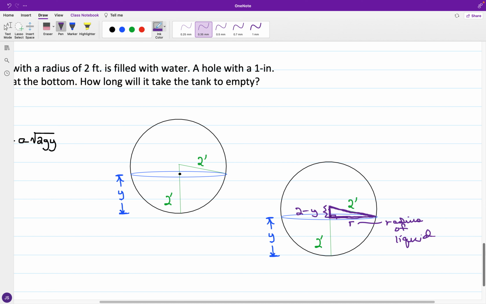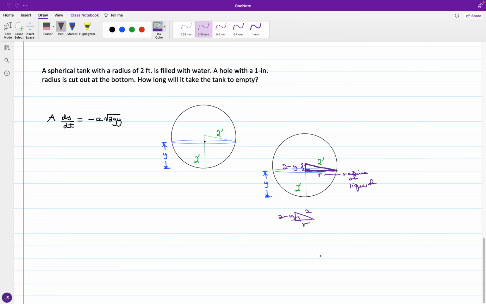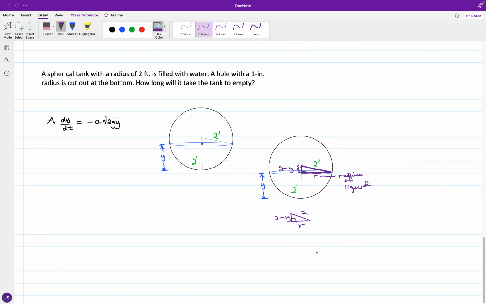But you're still going to have the same general setup for the radius of the liquid itself. So looking at this particular right triangle, you've got r and 2 minus y, and setting up what we have here, expressing in terms of the radius of the liquid.